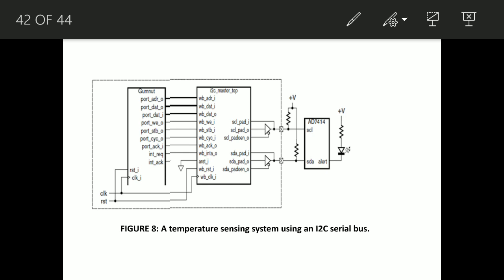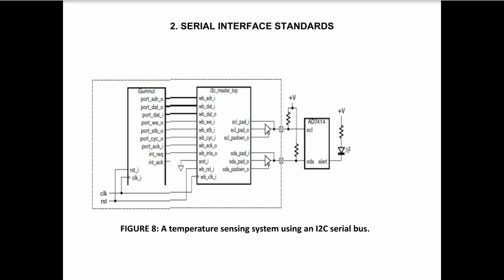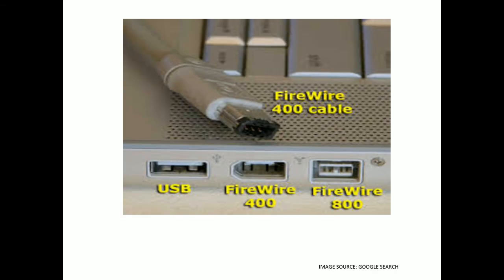Just have a glance at what a serial bus is and how it looks. One example we took is the I2C bus. This concludes the serial transmission topic, and in the next class we shall see the input output software.